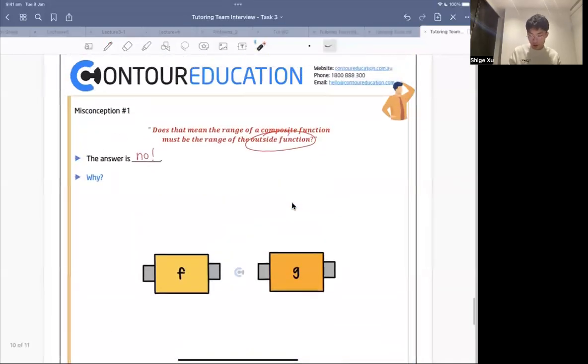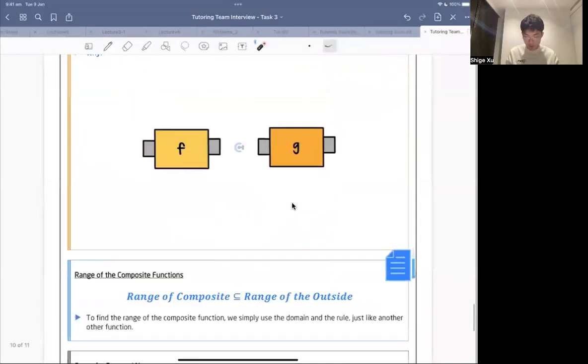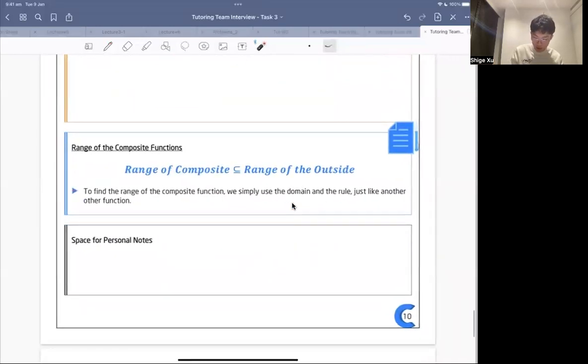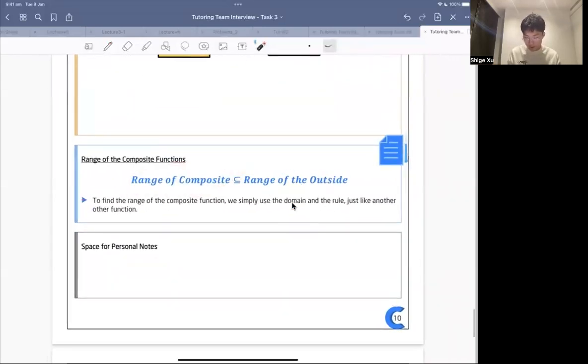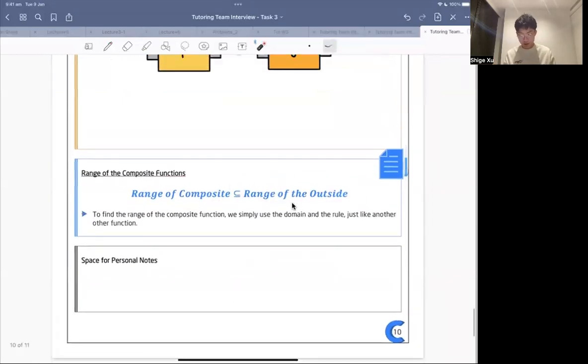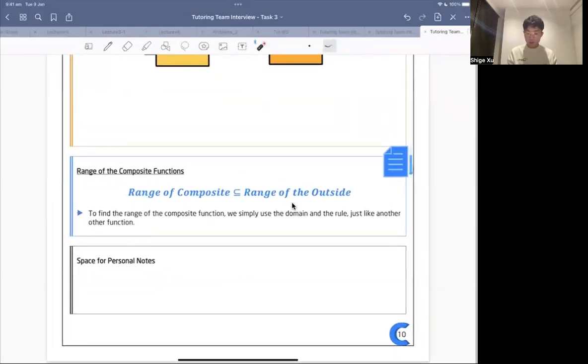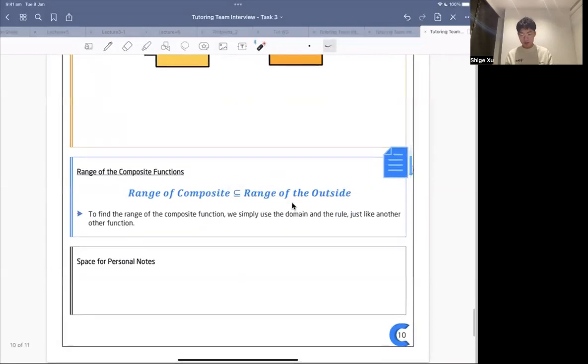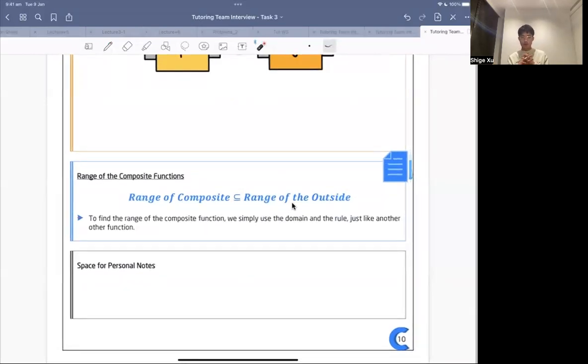So hence the range of a composite function is not necessarily the same as the range of the outside function. In fact, the range of the composite function is a subset of the range of the outside function. So it's always smaller than or equal to the range of the outside function. And they're only the same if the range of the inside function is the domain of the outside function.